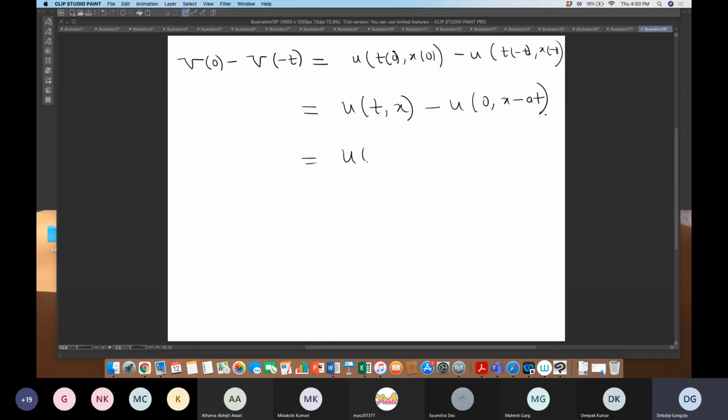So this is U of T, X minus U of 0, X, which is H of X minus AT.